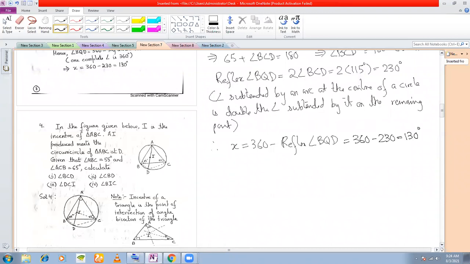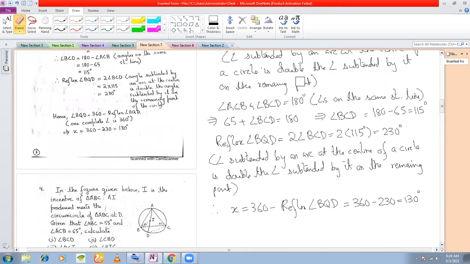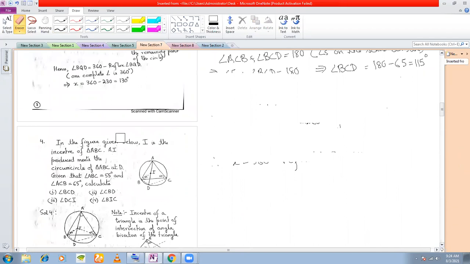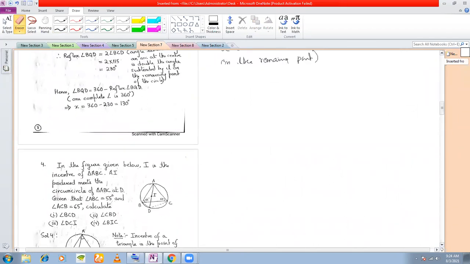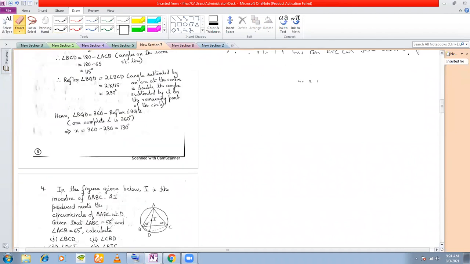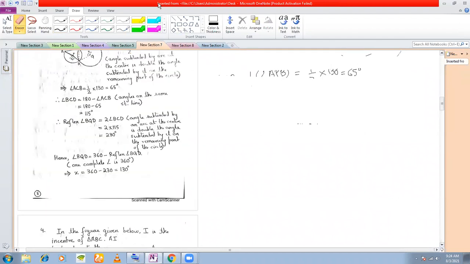And that is the answer. Is it clear? No one has any question. Class 10 seems to be very sharp, except during examinations. We'll move to the next question.